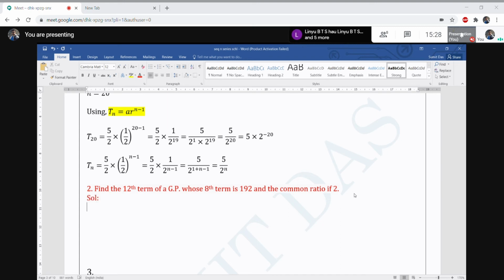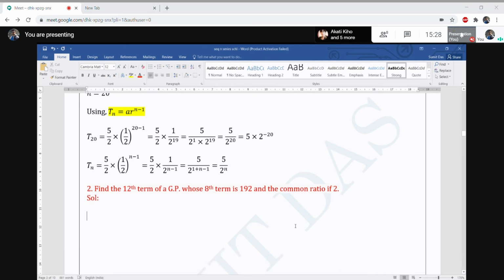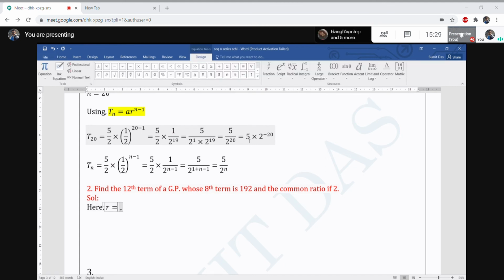Question number 2 is saying: find the 12th term of the GP whose 8th term is 192 and common ratio is 2. So 8th term is given and we have to find the 12th term. Only thing is the common ratio is given, right? So we have to write this here: r equal to 2.